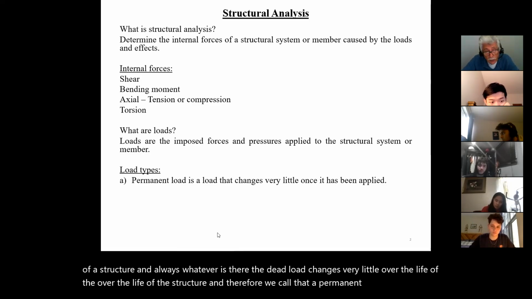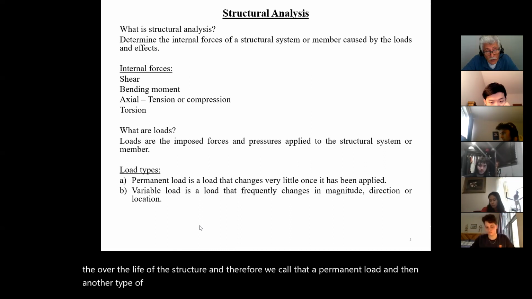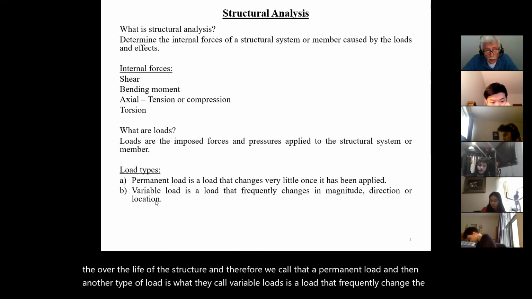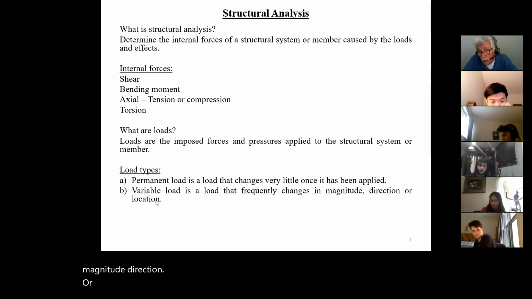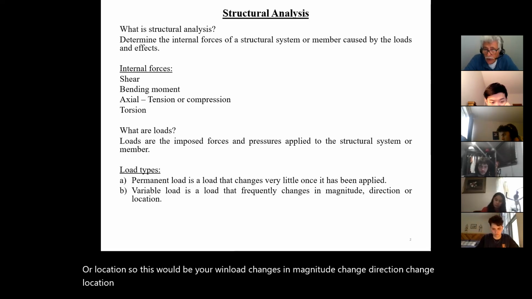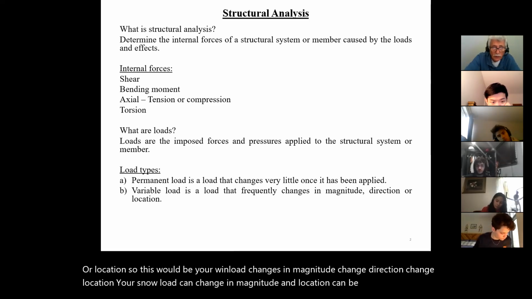And then another type of load is what they call variable loads, a load that frequently changes in magnitude, direction, or location. So this would be your wind load, which changes in magnitude, direction, and location. Your snow load can change in magnitude and location. It can snow more here, more there.